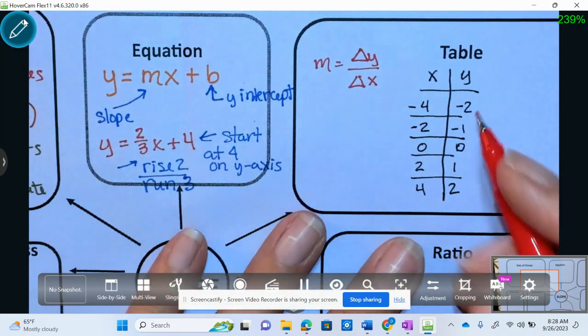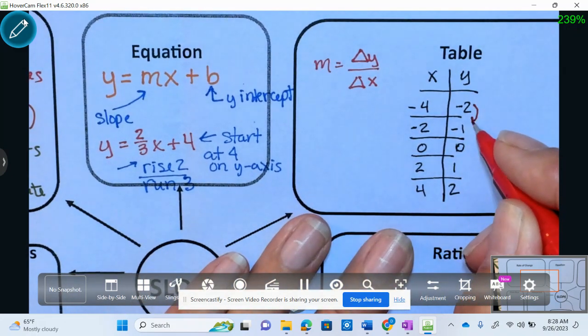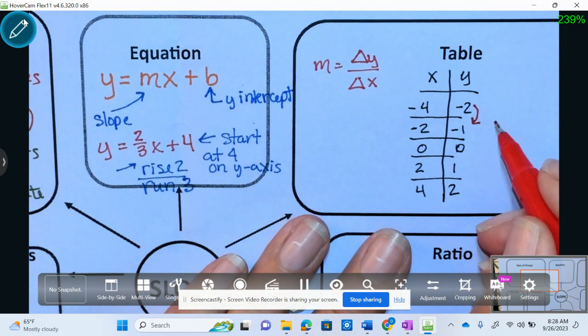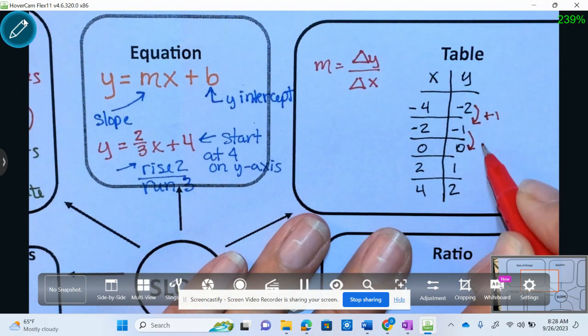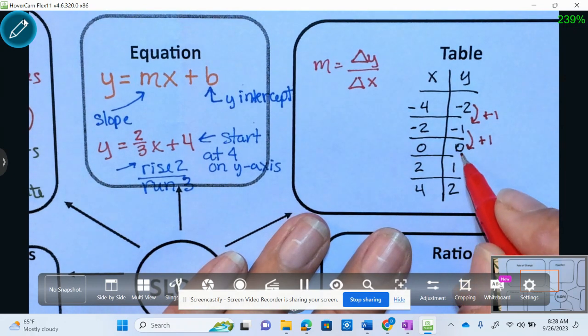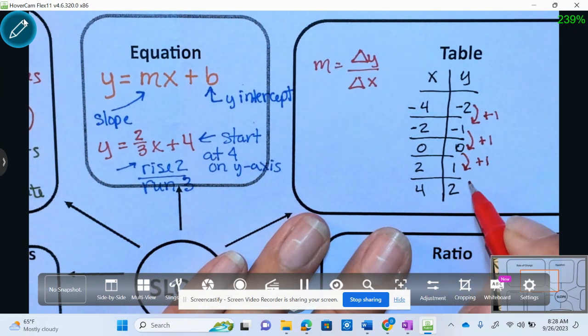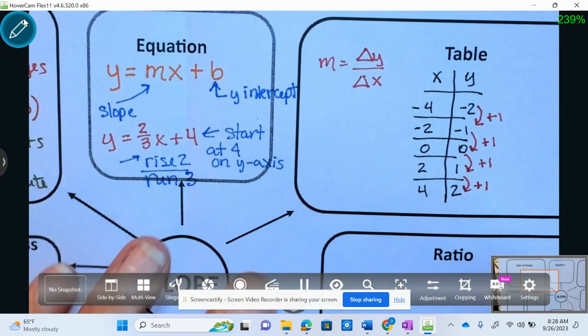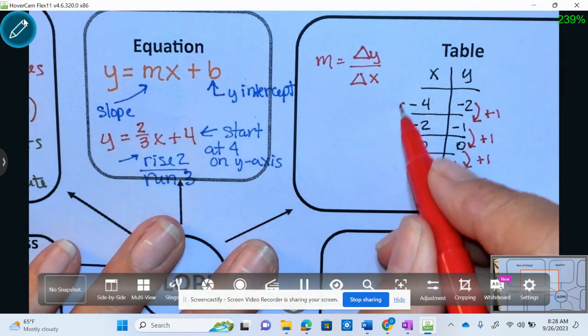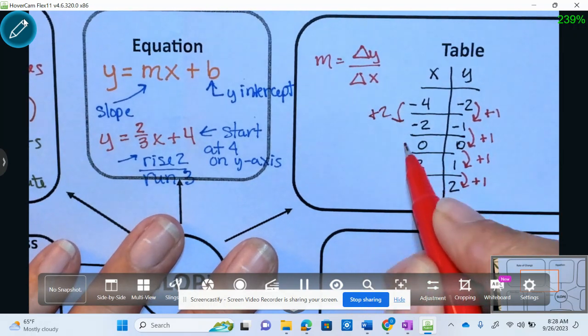So when I talk about this, remember I'm talking about my change in y. What happened on my y side? I added 1. Each time I'm going down, I'm increasing by 1. What's happening on my x-axis? We're adding 2 each time.